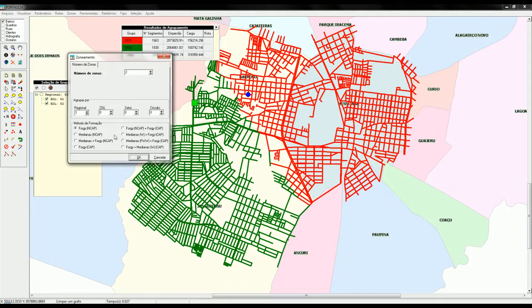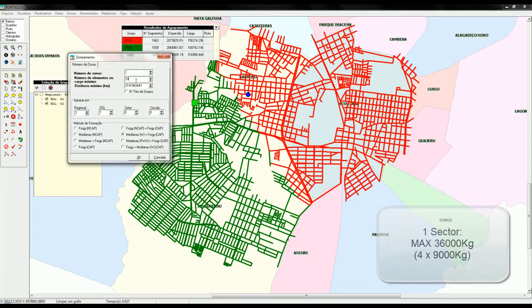Knowing this, we can use an algorithm that groups the sectors considering the load. Following this reasoning, we're going to generate sectors which need a maximum of 4 journeys each. In other words, 4 times 9,000 kilos equals 36,000 kilos.